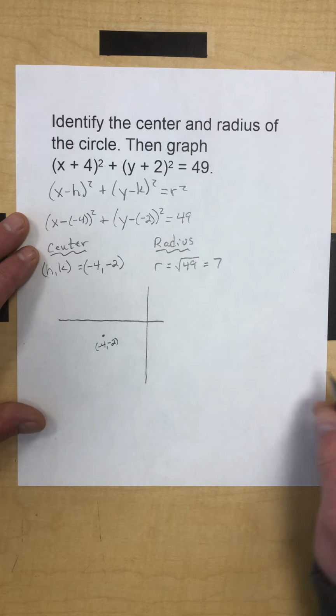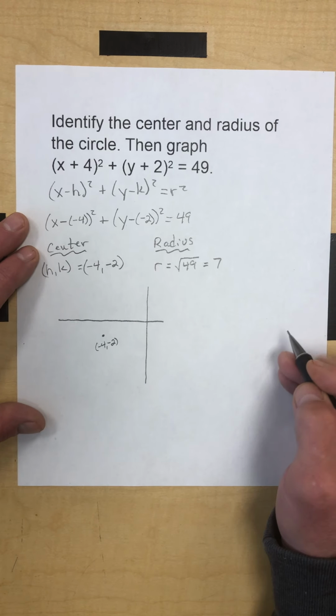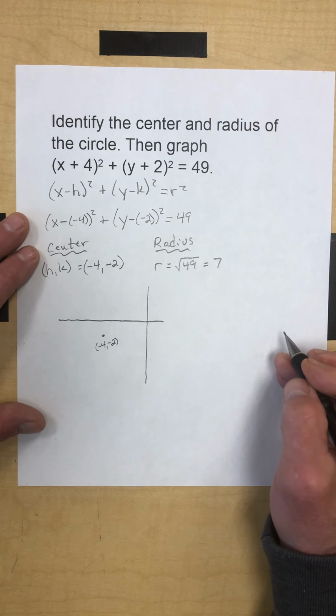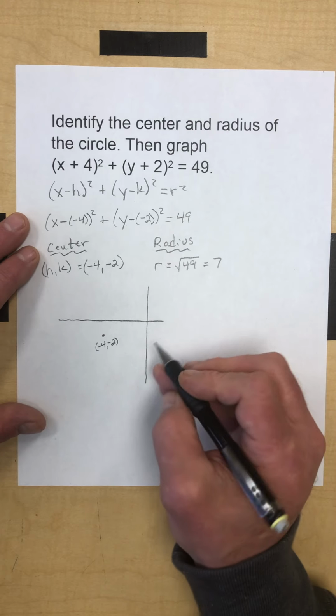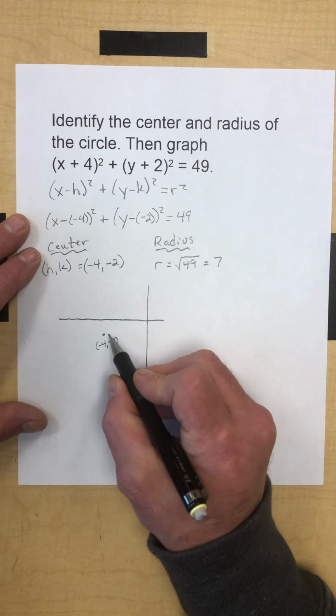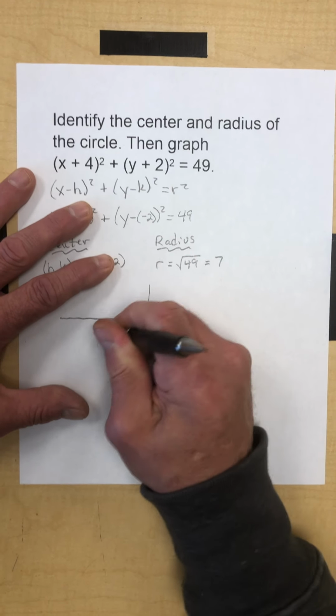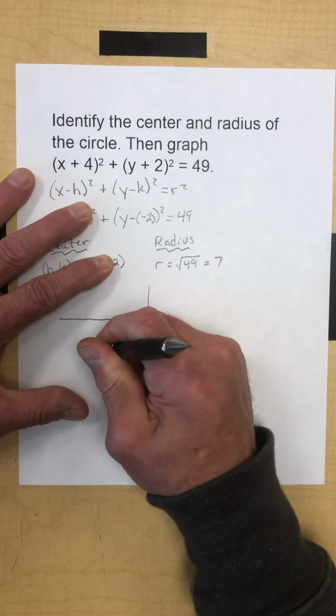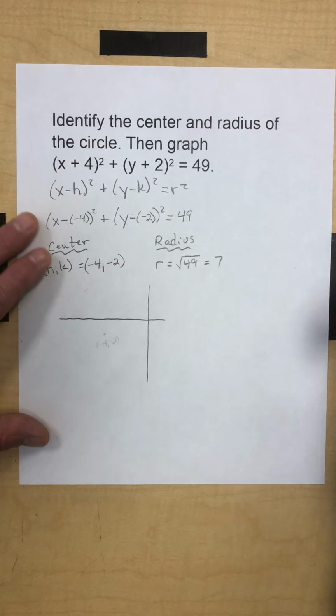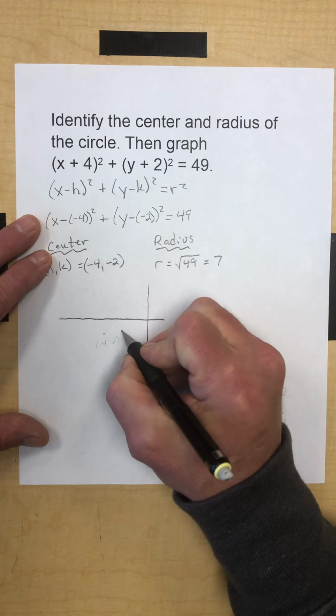I've got to go 7 to the right, 7 to the left. Let's bring this in a little bit more, try to make things a little bit smaller, maybe I'll have an easier time graphing it.